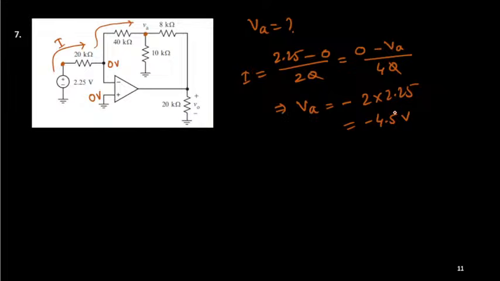So your total output voltage you are telling is minus 8.5 volt. How is it? Let us find out. So VA, is it correct? VA is minus 4.5 volt. Everybody?